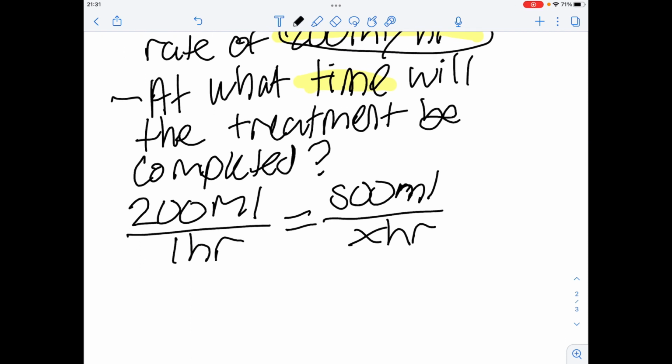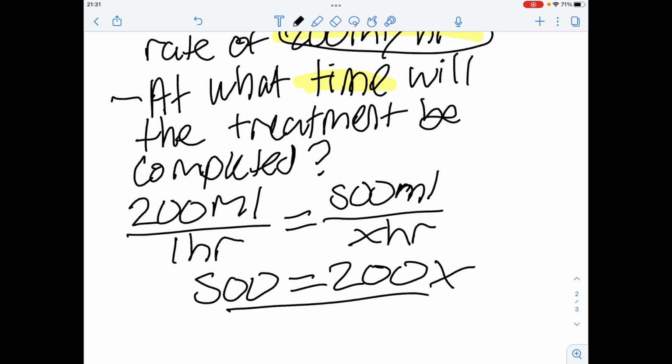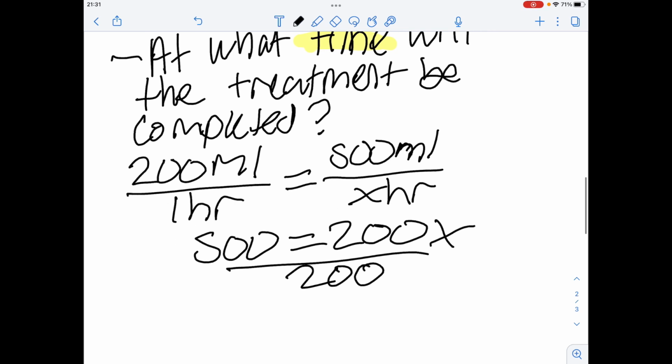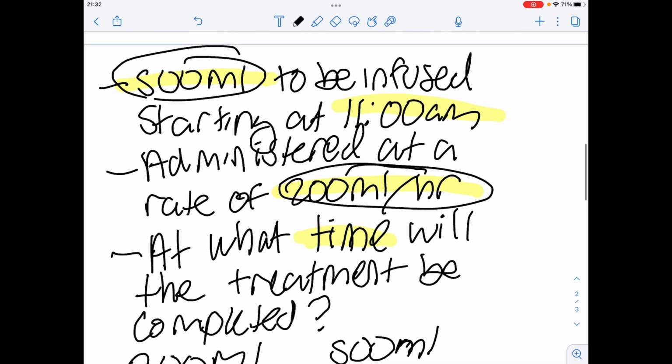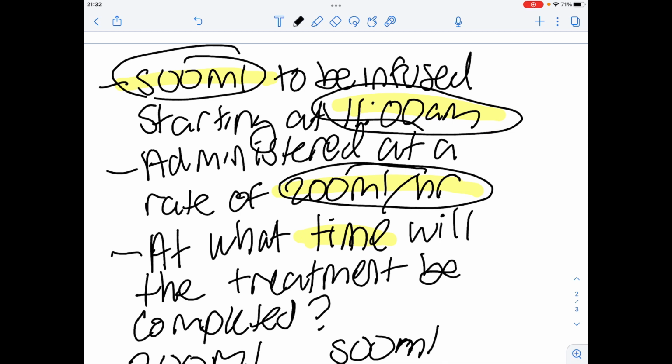So now I'm going to cross multiply because I'm using ratio proportion here. Divide both sides by 200 to isolate x, and we get 2.5 hours. But we're not done yet. Remember, it's not asking how long the infusion will take. It's asking what time it will be done at. So we need to add it on to this 11 a.m. now.